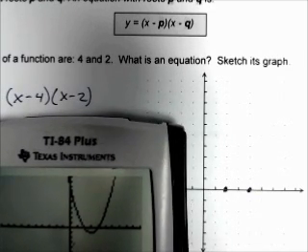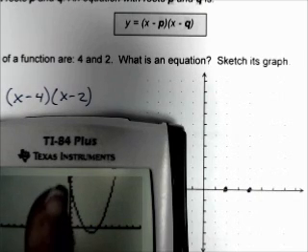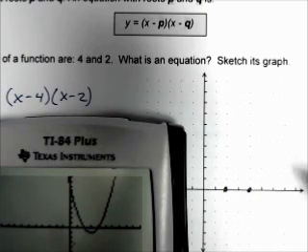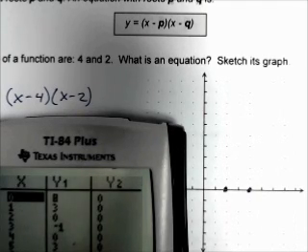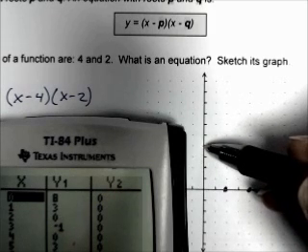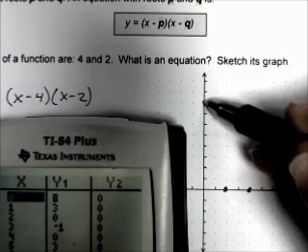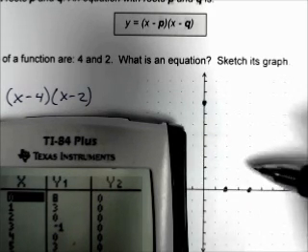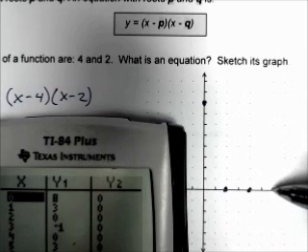I see here that it crosses, it looks like it crosses at 0, 8. Now this is a parabola, and what's the lowest point here? Let's first check the table. Yeah, 0, 8, and then we have 6, 8.